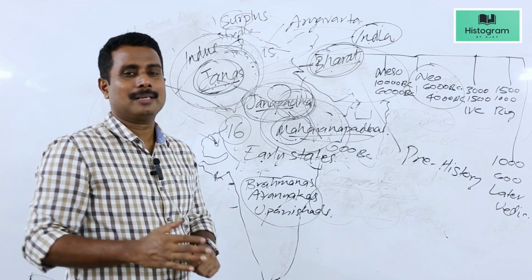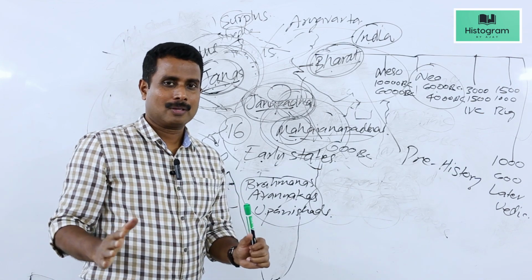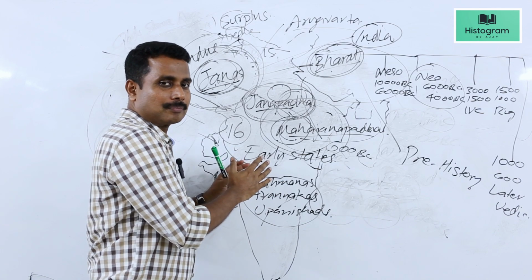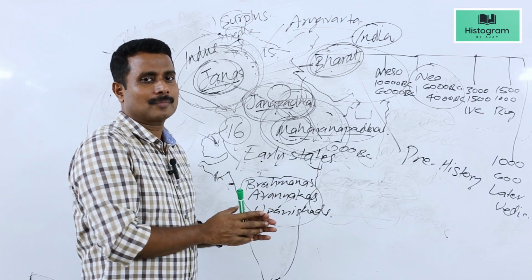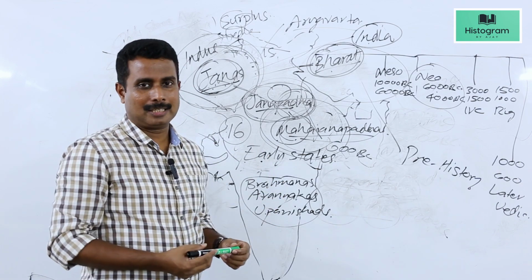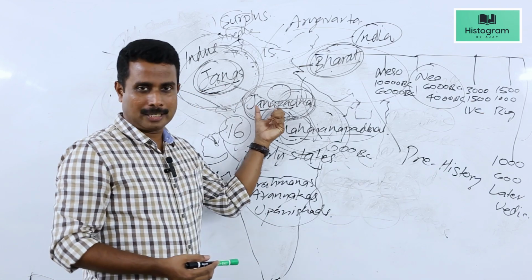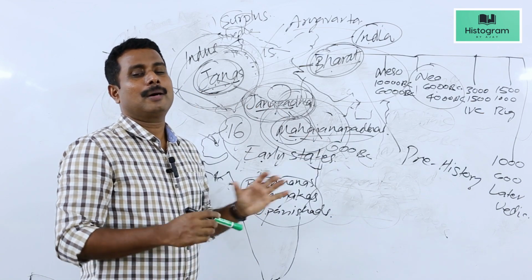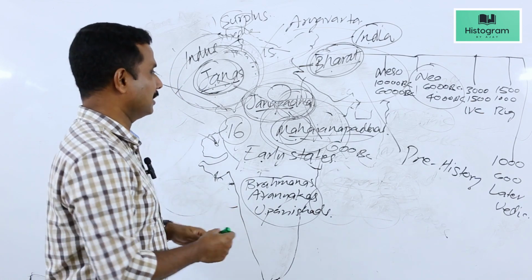If you get a question in any examination, which were the earliest states in India, these were the 16 Mahajanapadas, not Janas or Janapadas, but Mahajanapadas were the earliest states in India.